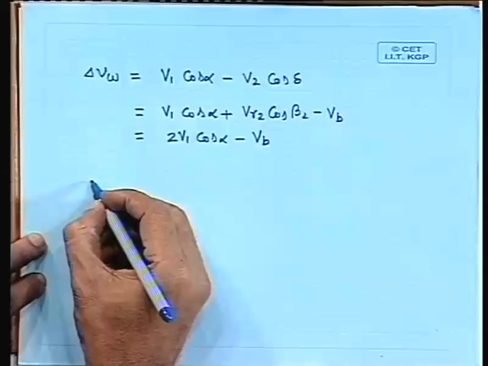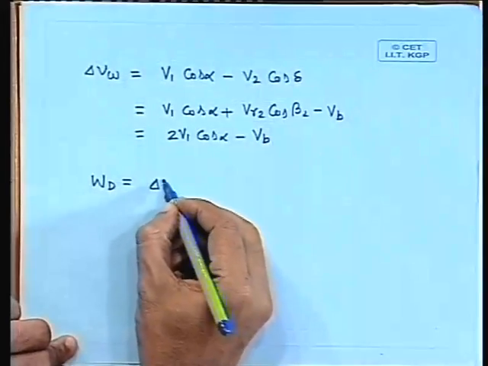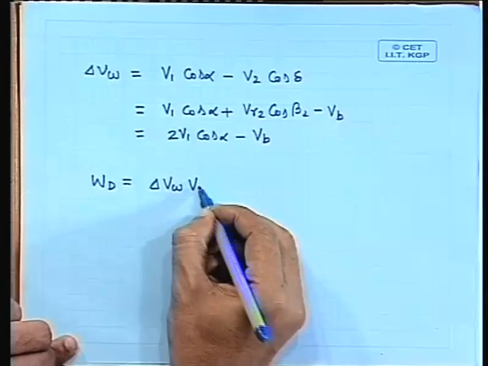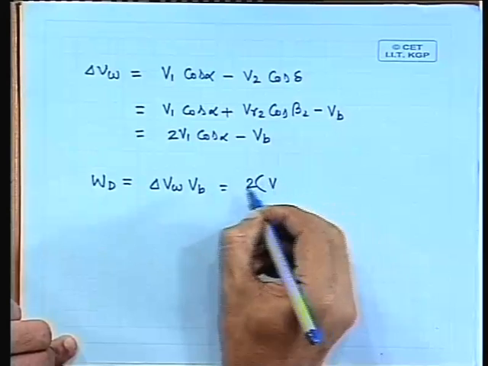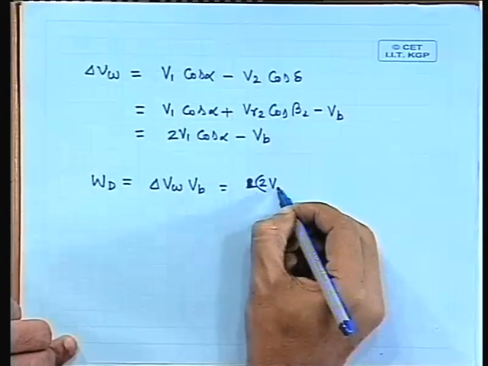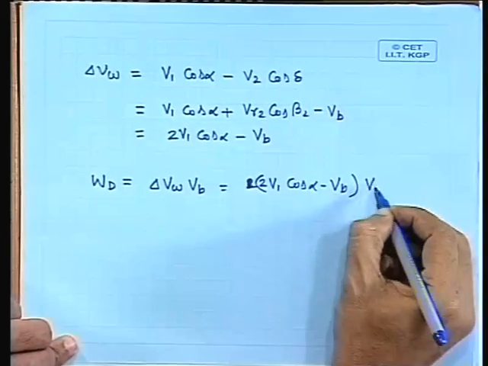Then work done, we can write WD. This subscript D comes from diagram. From the diagram we are determining all this different component of velocity, different component of force, etc. So, that is delta VW into VB, that is equal to twice V1, sorry, this 2 is inside, twice V1 cos of alpha minus VB multiplied by VB.